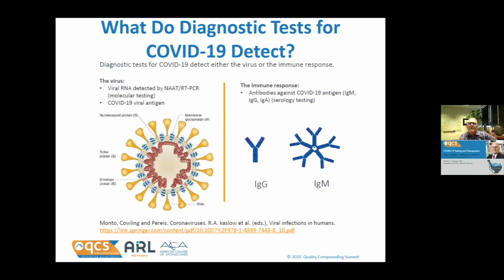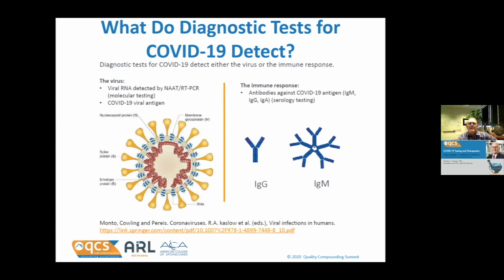So what do the diagnostic tests for COVID-19 actually detect? The diagnostic test for COVID actually detects either the virus or the immune response. The virus is detected by the nucleic acid amplification test, or real-time PCR, which is used often in sequencing and other genetic tests for looking at biomarkers or indicators.